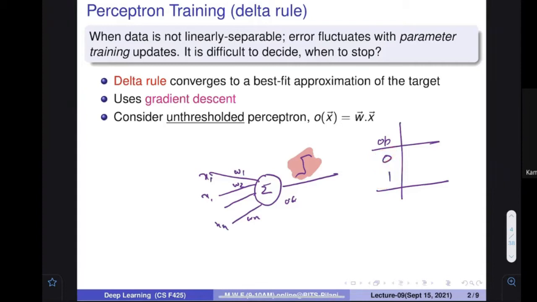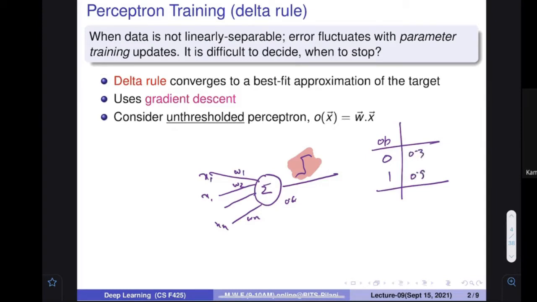Earlier the summation only had to be above or below the threshold. This time there should be a very large separation. When we want 0 as the classification, this value should come to 0, and for the other class it should come to 1. Initially, it may not, and the values may be 0.3 and 0.9.